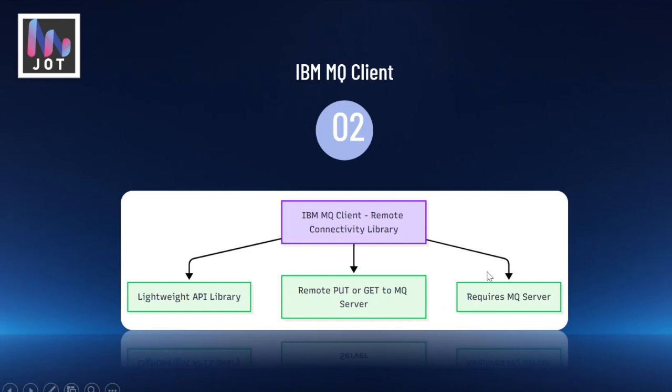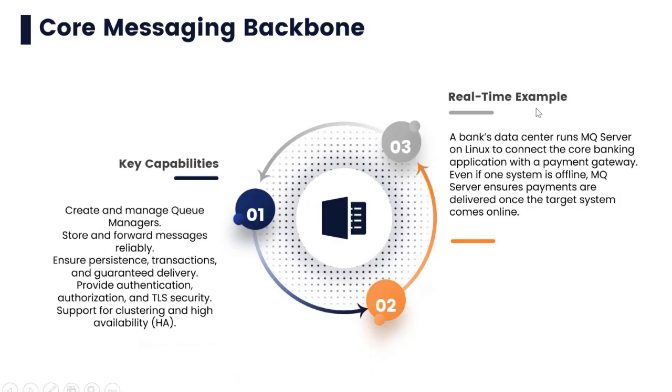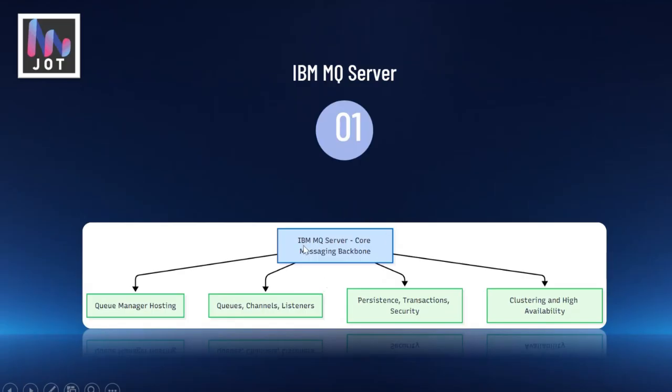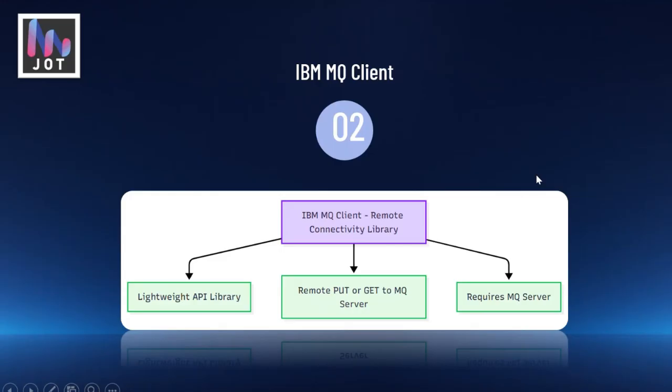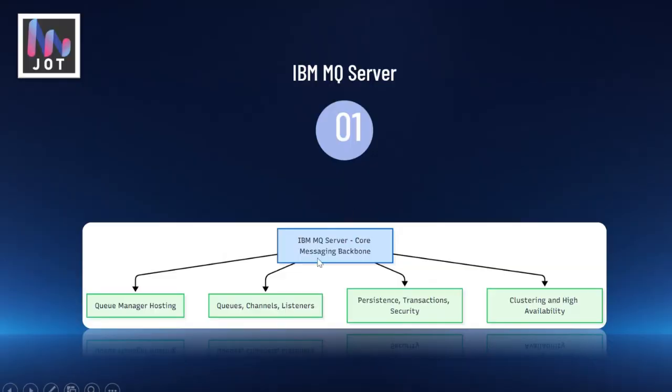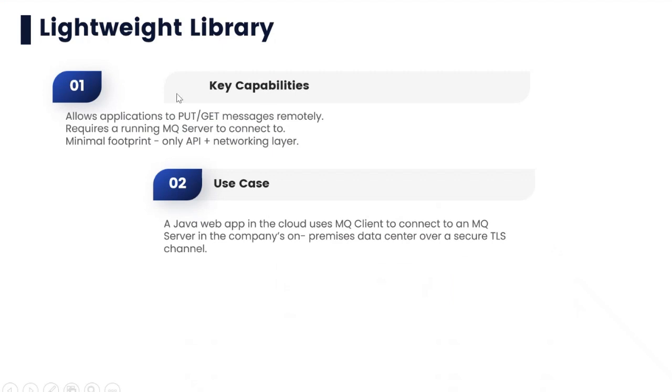So it requires an MQ server to be installed wherever it is, and this MQ client can put or get messages from this server. Meaning it allows applications to put or get messages remotely.